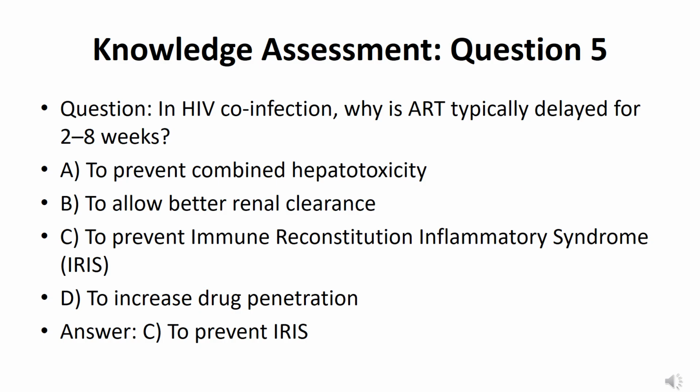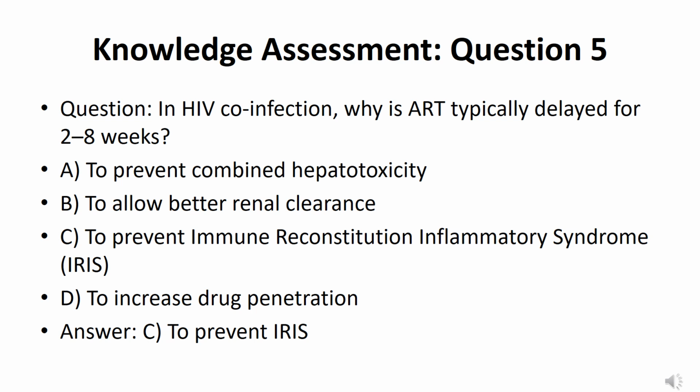The key concept to remember is simple. Starting antiretroviral therapy restores immune function. A recovering immune system can sometimes overreact to existing infections. That overreaction is called immune reconstitution inflammatory syndrome. And in tuberculous meningitis, IRIS can significantly worsen inflammation within the brain.